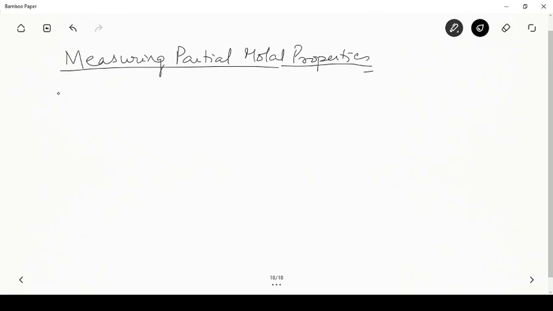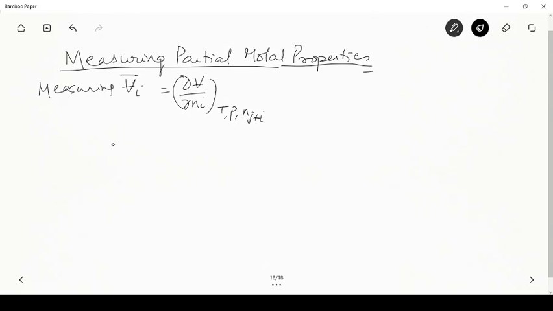Suppose I want to measure V̄i, then we recognize that V̄i is equal to ∂V/∂Ni when temperature, pressure and Nj (j not equal to i) are kept constant.